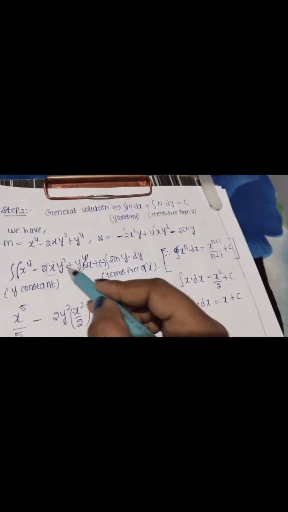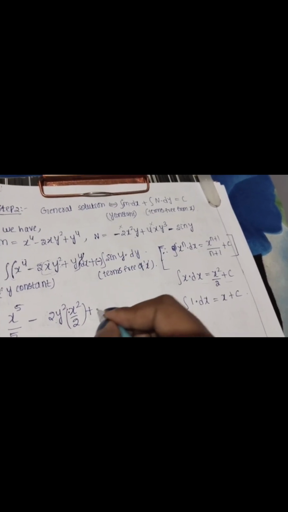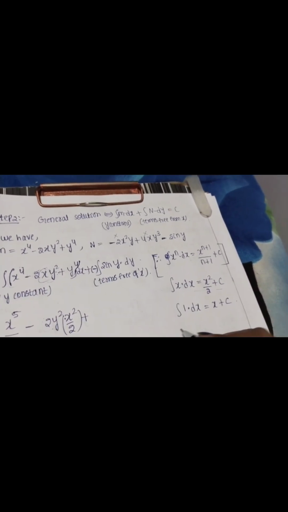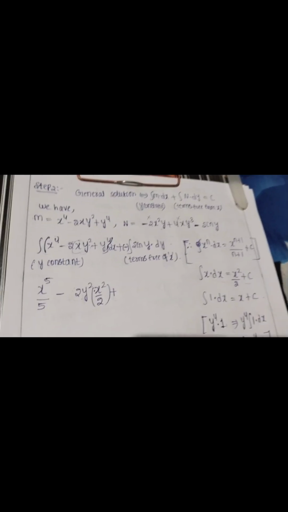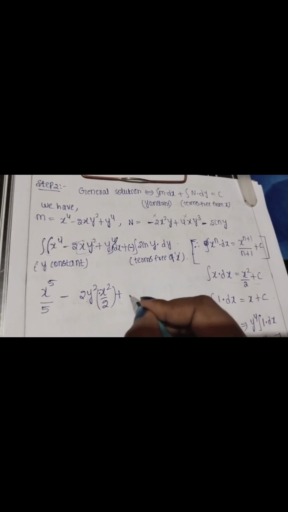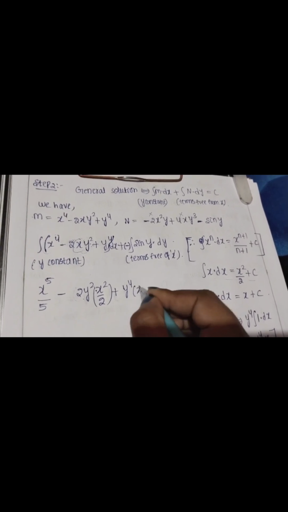Now we have y⁴, which is a constant. y⁴ into 1 is nothing but y⁴, with dx. Integration of 1 is x, so this becomes y⁴ into x. We take 1 if nothing is beside it.